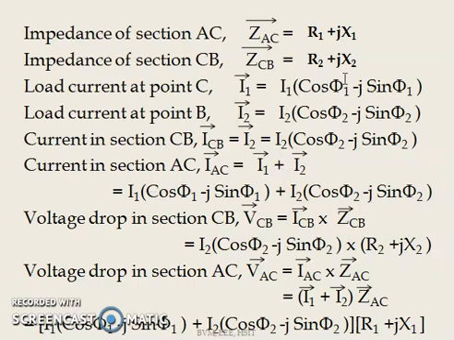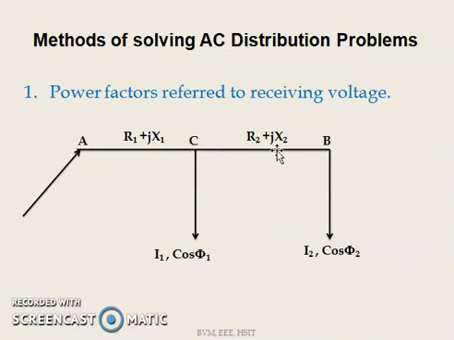And what is I1? I1 is equal to I1 cos phi 1 minus j sin phi 1, plus I2, where I2 is equal to I2 cos phi 2 minus j sin phi 2. Now, the voltage drop in section CB is the current in this section multiplied by the impedance of this section, that is I2 into ZCB, or ICB into ZCB.